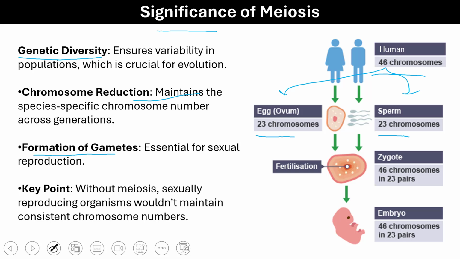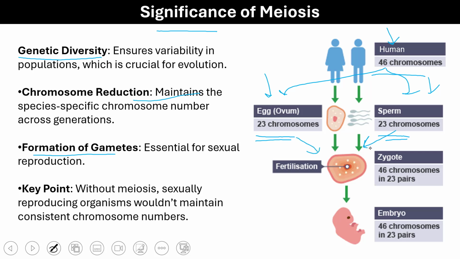This kind of cell division leads to the formation of gametes, a very important characteristic feature of sexually reproducing animals. If this halving does not occur, then human beings who have 46 chromosomes will form gametes with 46 chromosomes.